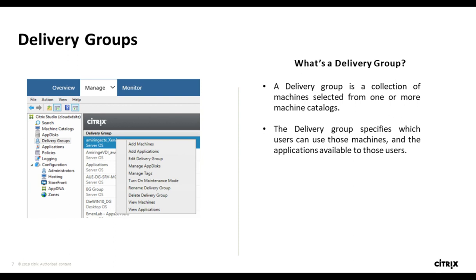Now, the machines. These are the virtual or physical machines you previously configured to create your machine catalog. I'll list some interesting points to keep in mind. First, a machine catalog can be used in more than one delivery group. However, a machine can be used in only one delivery group.